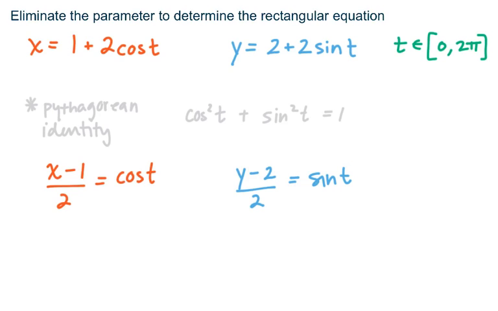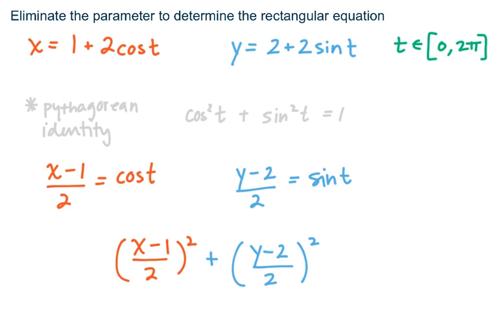So now that I know both of these, I'm going to plug them into my Pythagorean identity. Here, I have x minus 1 over 2, so that's cosine t squared, plus sine t squared, y minus 2 over 2 squared, and that will equal 1.